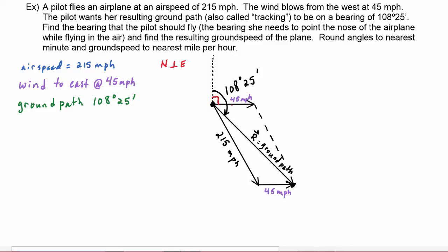So then to find this angle in our picture, all we would need to do is subtract 108 degrees 25 minutes minus that right angle, which is 90 degrees. The 25 minutes comes right down. 8 minus 0, 8 degrees. 10 minus 9 is 1. So this angle is 18 degrees 25 minutes.